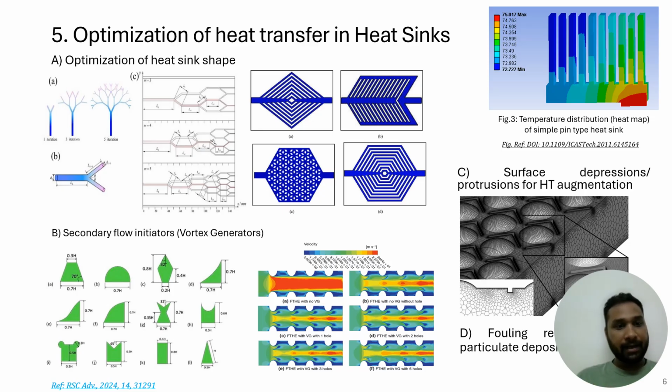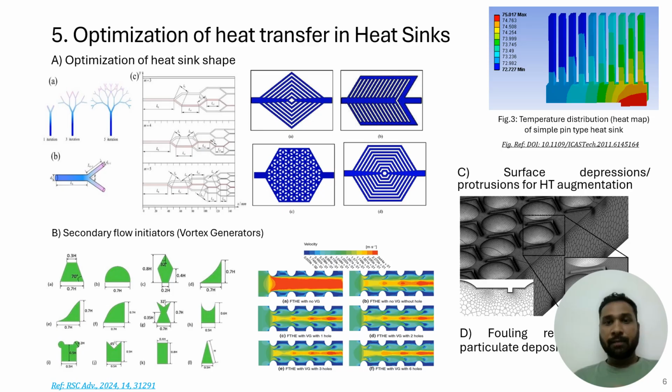These are some different kinds of winglets, and accordingly you can see how the velocity of air varies in fin tip heat transfer. The first one is without a vortex generator, and the others are modified vortex generators.